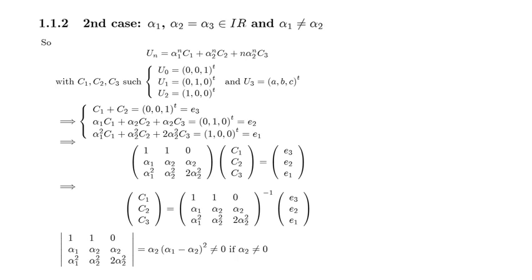So U_n has this form, and we do the same as the first case. We determine the constants C1, C2, C3. Now the matrix is different, like that. We have to calculate the inverse.